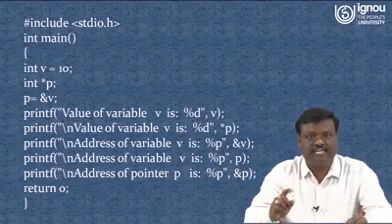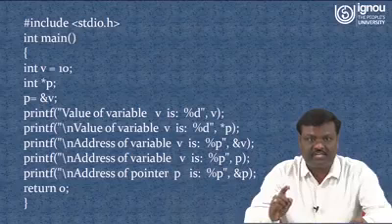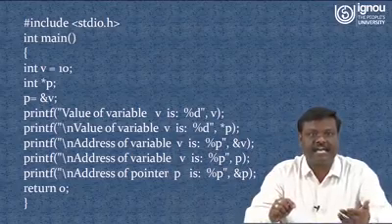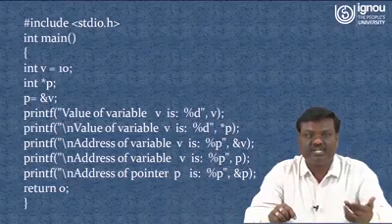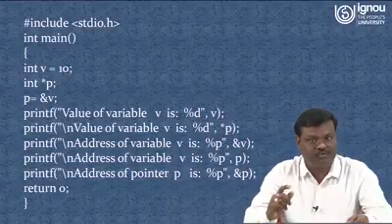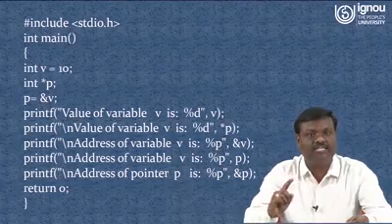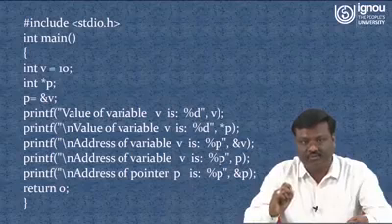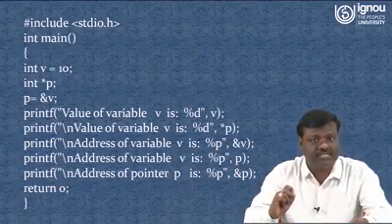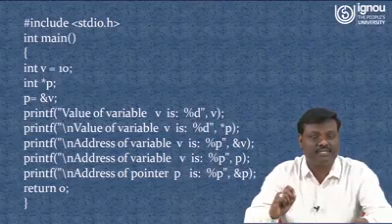One way is ampersand of v, the other way is directly p, as the ampersand of v is being initialized to p, that is the pointer variable, so p also will do. Both are similar: one we are doing directly and the other we are doing through the pointer variable. And the last printf statement is the address of pointer p.